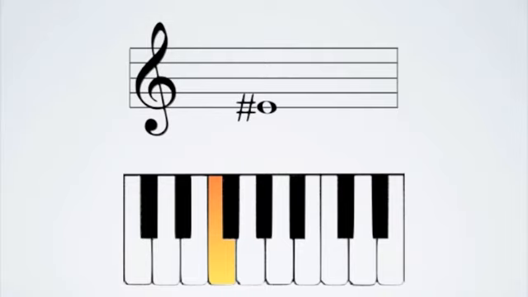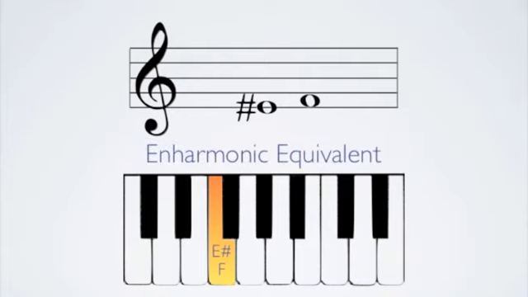And if you look at the piano, it looks just like an F. And in fact, this note can be called either E sharp or F. The fancy name for this is enharmonic equivalent. Same note, different spelling. And one more concept before we wrap up this segment: double sharps and double flats.